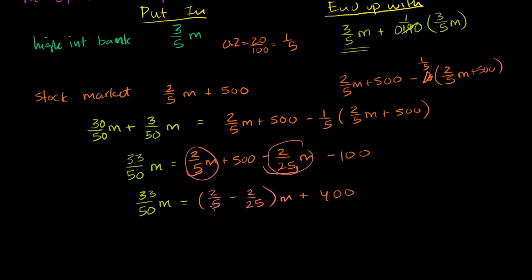Now, 2 over 5, if we multiply the numerator and the denominator by 5, becomes 10 over 25. So our whole equation is now 33 over 50 m is equal to, what is 10 minus 2? That's 8 over 25 m plus 400. We're getting close.